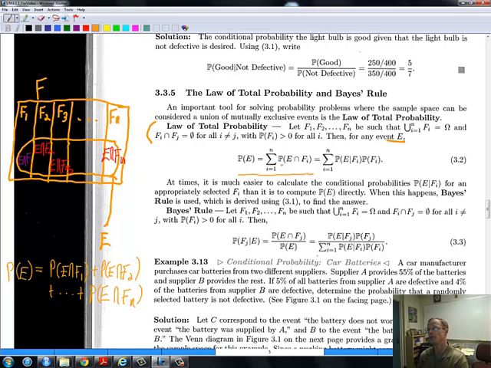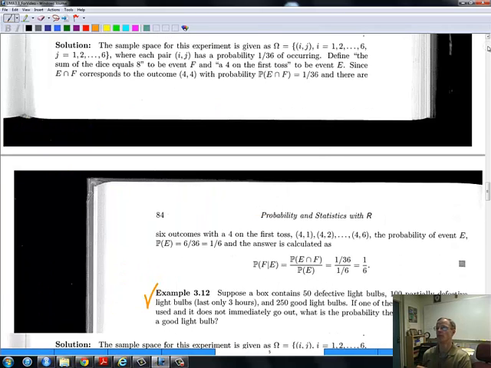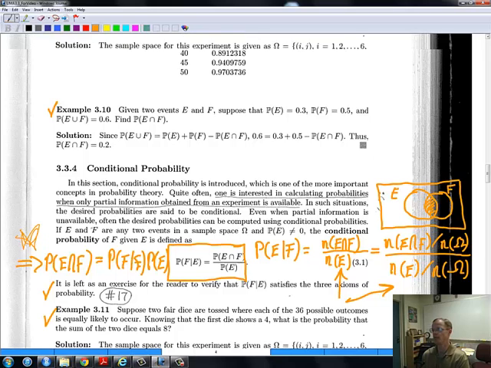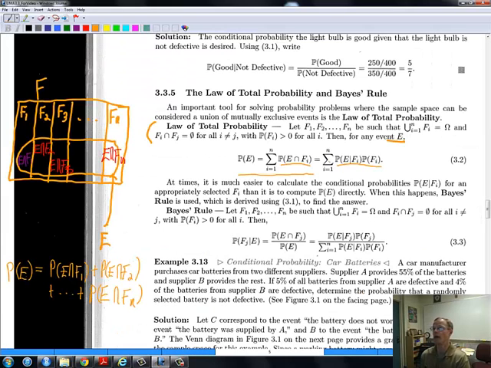So this intersection is equal to the product of the conditional times the whole. That was the corollary that we just saw on our previous page that I wrote out right over here. So take note of that. And that gives us a result called the law of total probability.